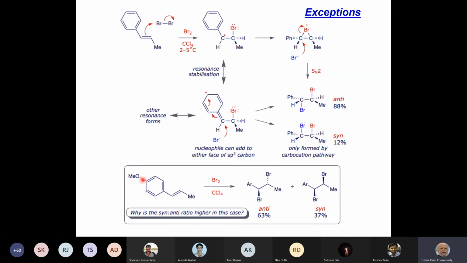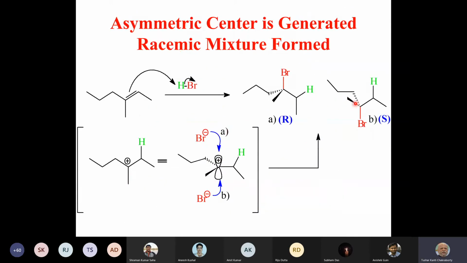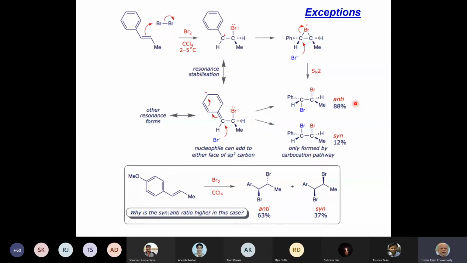Similarly, if you have an electron withdrawing group, then you get more of the stereo-specific product, the anti-product. So you can think about those mechanisms, and I will stop here today, and next class we'll talk about a few other reactions.